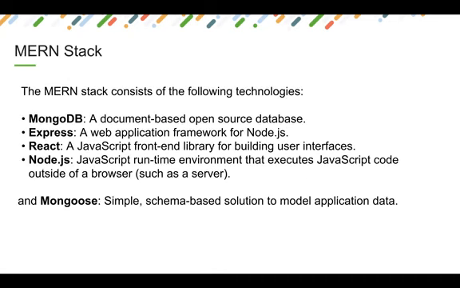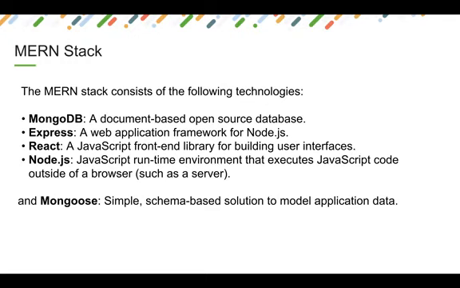So what is the MERN stack? Well, it consists of the following technologies. We have MongoDB, Express, React, and Node.js. That's what MERN stands for. Node.js is the JavaScript runtime environment that allows you to execute JavaScript code outside of a browser, such as on a server. Express is a web application framework for Node.js. It allows us to easily create a web server.